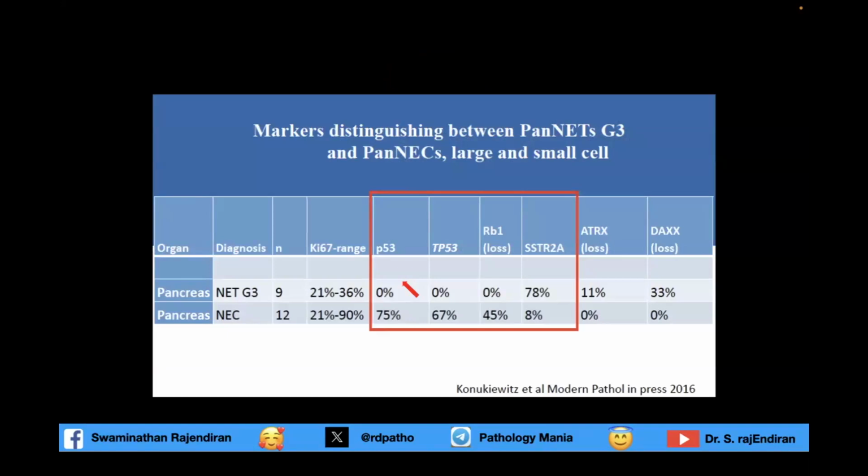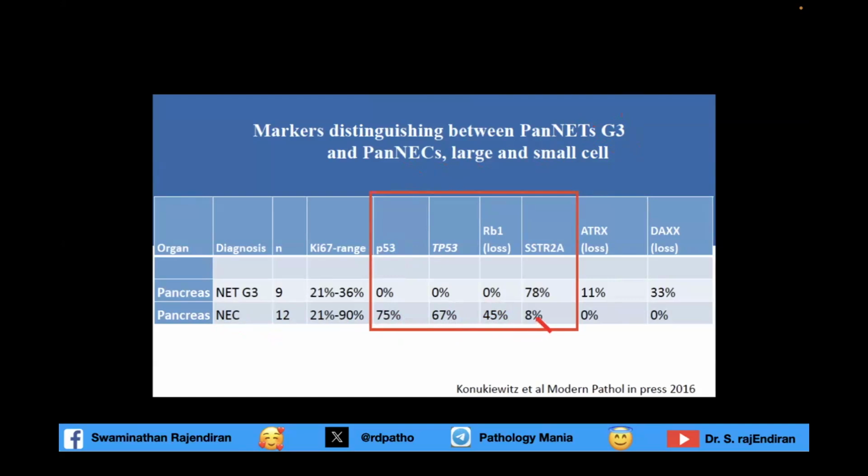As I told you, the markers are very important to differentiate neuroendocrine tumor grade 3 and neuroendocrine carcinoma. P53 is abnormal in neuroendocrine carcinoma. The lower one is neuroendocrine carcinoma. Retinoblastoma gene is abnormal. It is lost in neuroendocrine carcinoma.